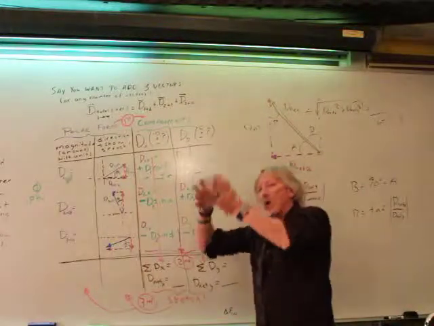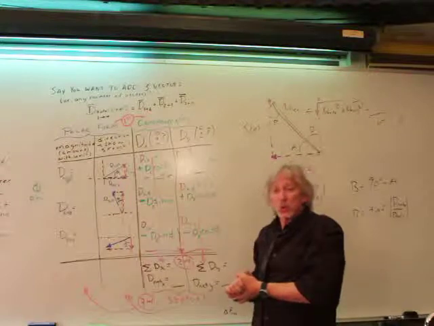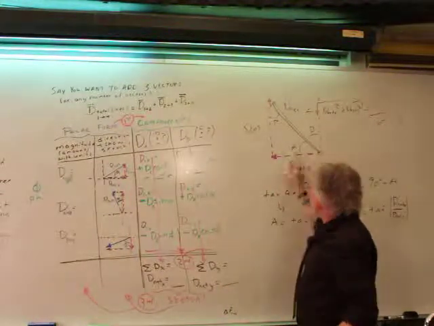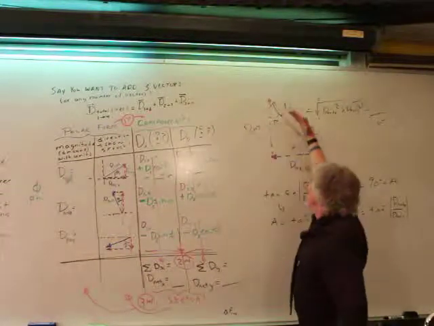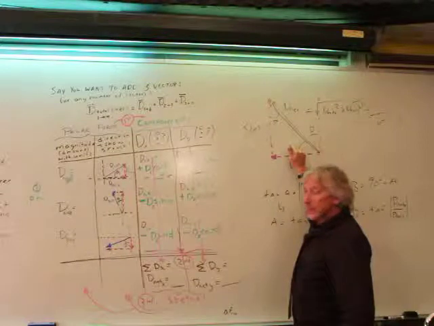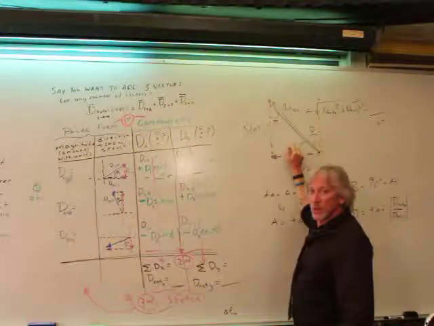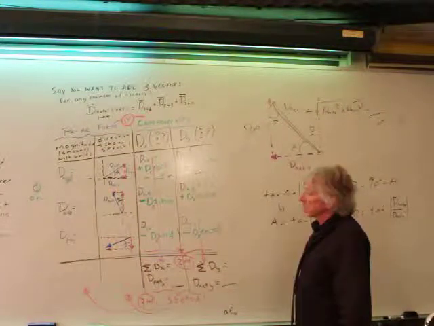You add up all the y components, and that's the total y. You put those together and you get the result, the total x and the total y, which are perpendicular, so they're related by the Pythagorean theorem, and the angles are given by the inverse tangent. It's the same thing over and over again. But now you get pretty good at it. You know this tool and you really can put it to use.